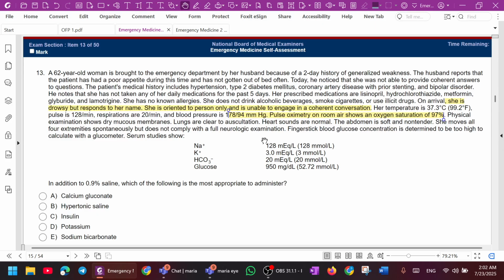Sodium is low at 128, potassium is a bit low, bicarbonate is low, and glucose is very high. In addition to 0.9% sodium chloride, which of the following is appropriate to administer?